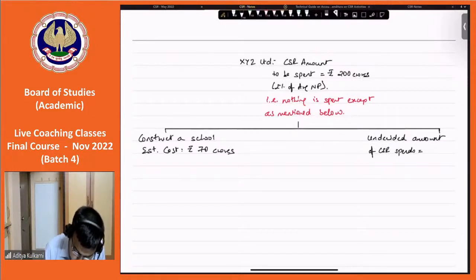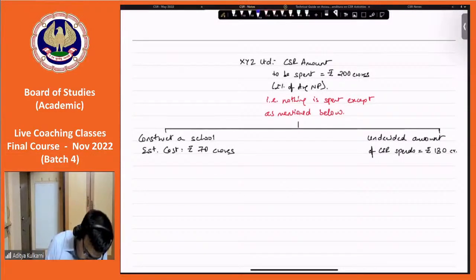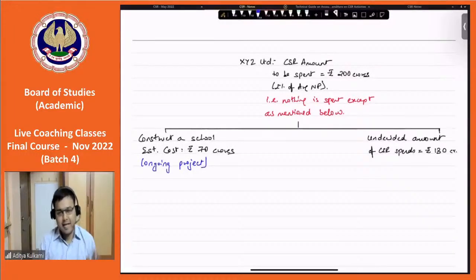I do not know where to spend. This is the balance amount, 130 crores. So 70 plus 130, 200 crores. So this is what is known as an ongoing project. I have finalized. I will be constructing a school. The estimated cost is 70 crores.